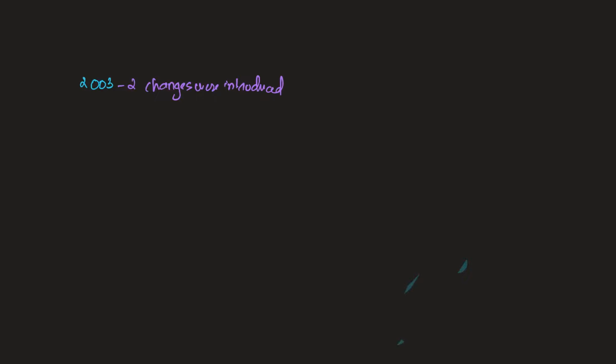So let us say change one and change two. Change one was primarily that the candidate had to be an elector in the state from where he was to be elected. So he was to be a candidate from his own state.